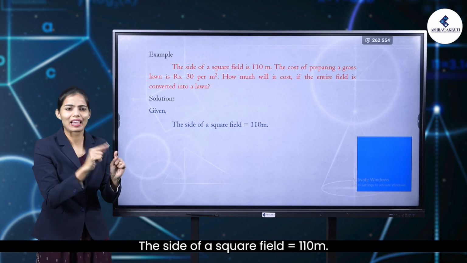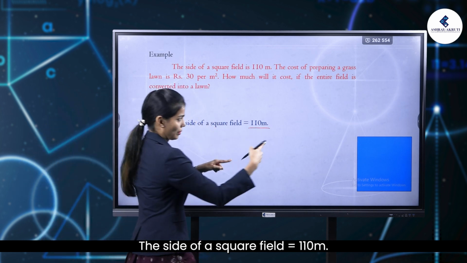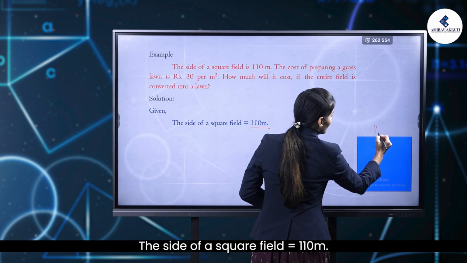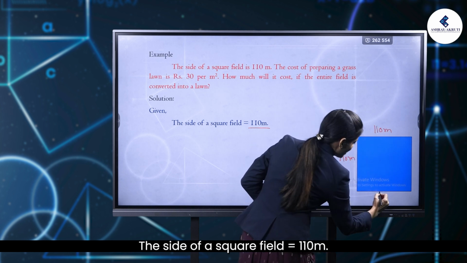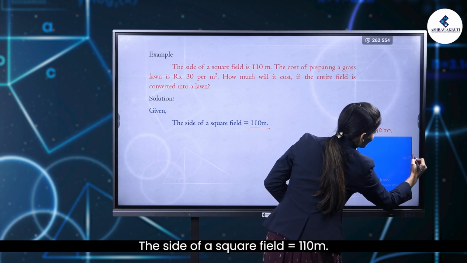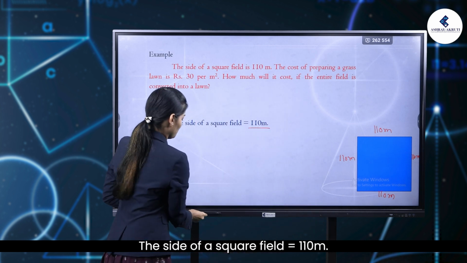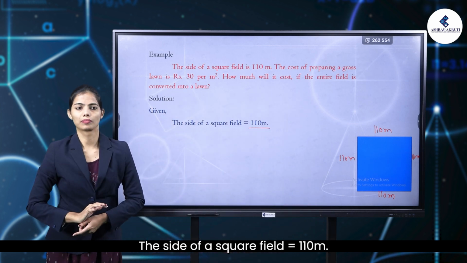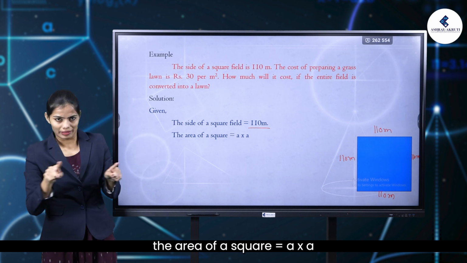The side of a square field is equal to 110 meter. We know that the area of a square is equal to A into A.